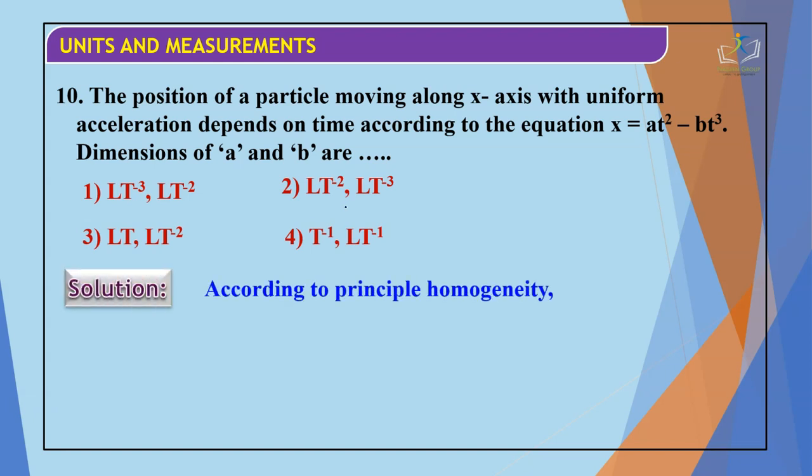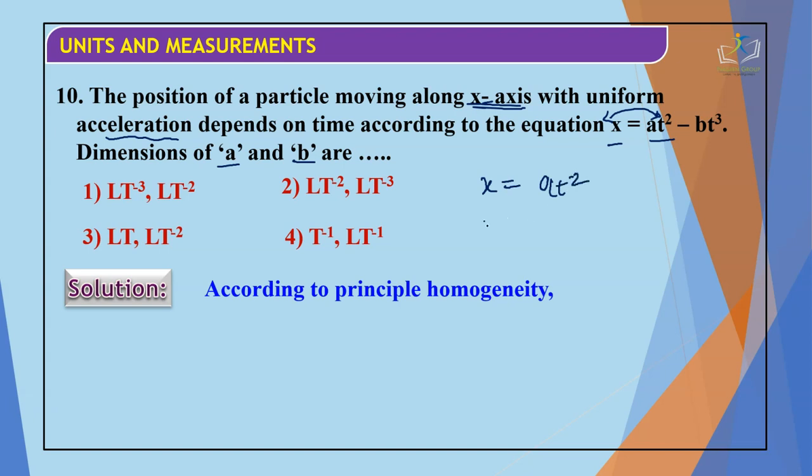According to the principle of homogeneity, these two quantities can be equal if their dimensions are equal. So we have to calculate the dimensions of A and B, and x is the position of the particle moving along the x-axis. If I take x is equal to at square, clear?